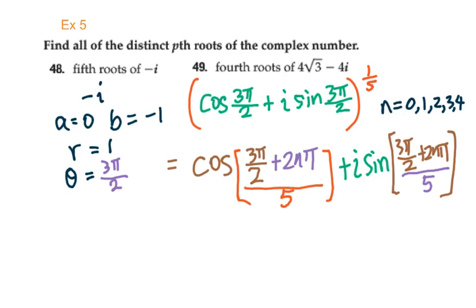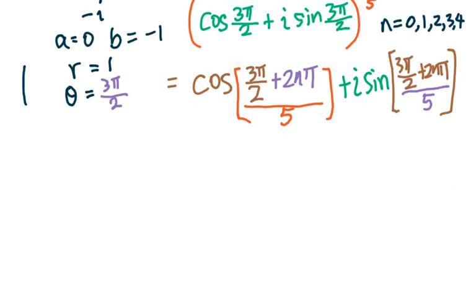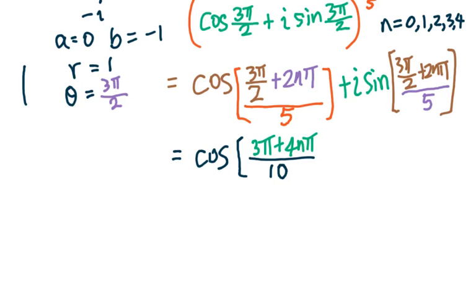So let's organize these expressions. We got cosine, and the denominator will be 10, and we got 3 pi plus 4n pi, plus i sine, denominator is 10, then 3 pi plus 4n pi.